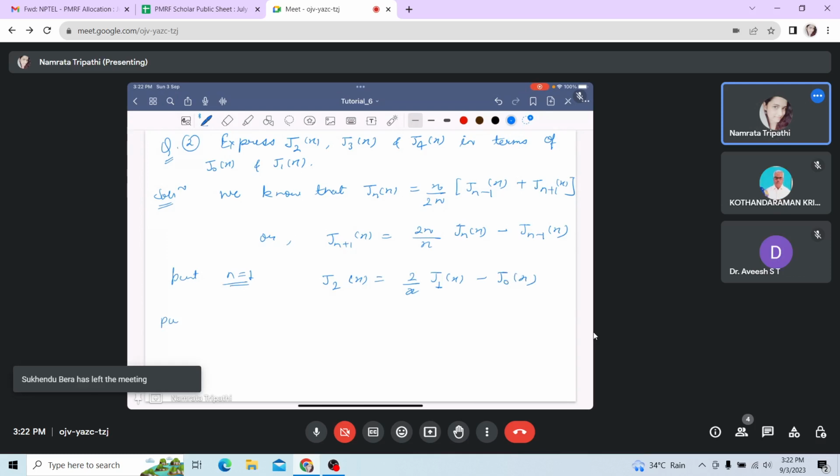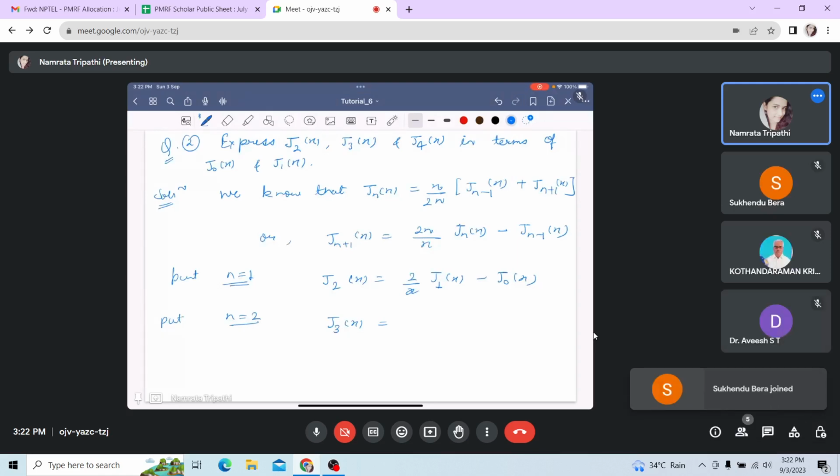After putting n is equal to 2, you will get Z3. You have to remove Z2 because you have to find it in terms of Z0 and Z1, so you can put Z2 from the above expression.